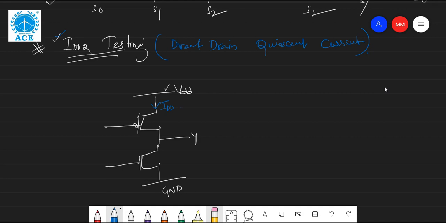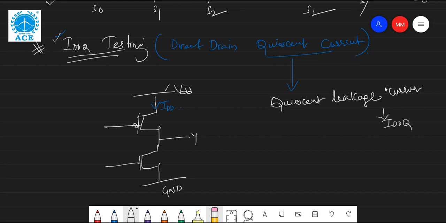When the inputs are stable, the quiescent leakage current, that is nothing but IDDQ, can be measured.